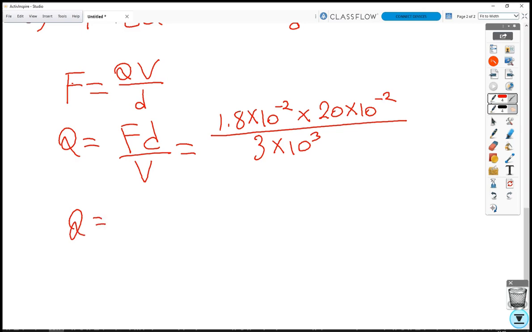And when you put all of those together, we get a charge of 1.2 times 10 to the minus 6 coulombs.